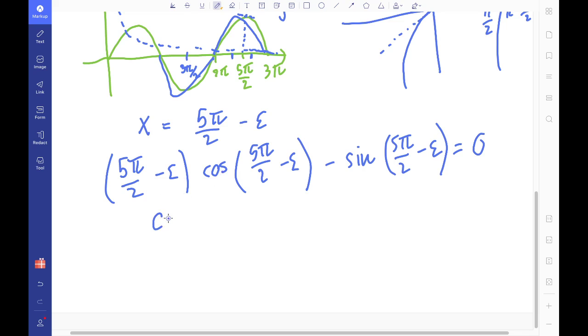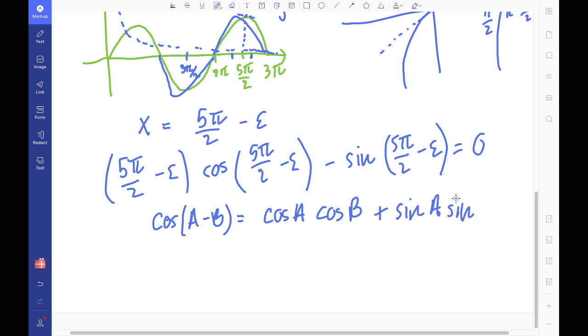So we know that cosine A minus B, so I'm using the negative version because I have a negative sign inside my cosine here, is cos A cos B plus sine A sine B. And I can use that on this cosine 5 pi over 2 minus epsilon.